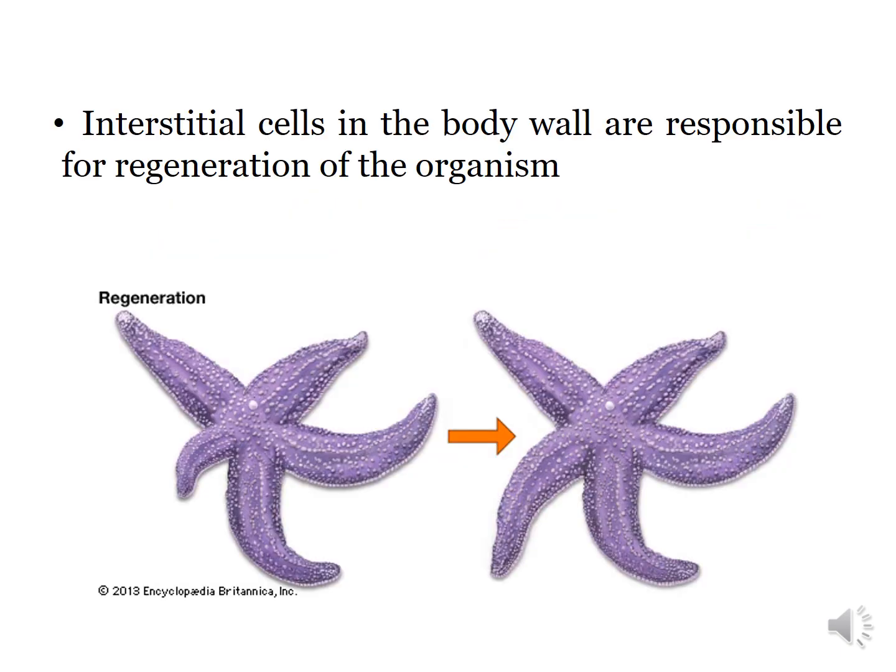For example, starfish. Do you know that if a starfish lost one of its limbs, it can regrow it back, just like before? The interstitial cells in its body wall are the ones responsible for the regeneration process.